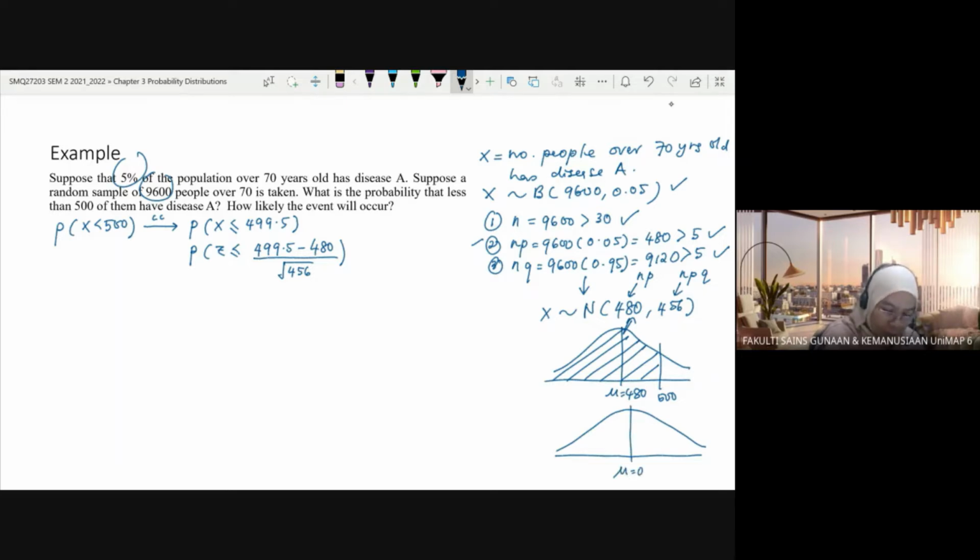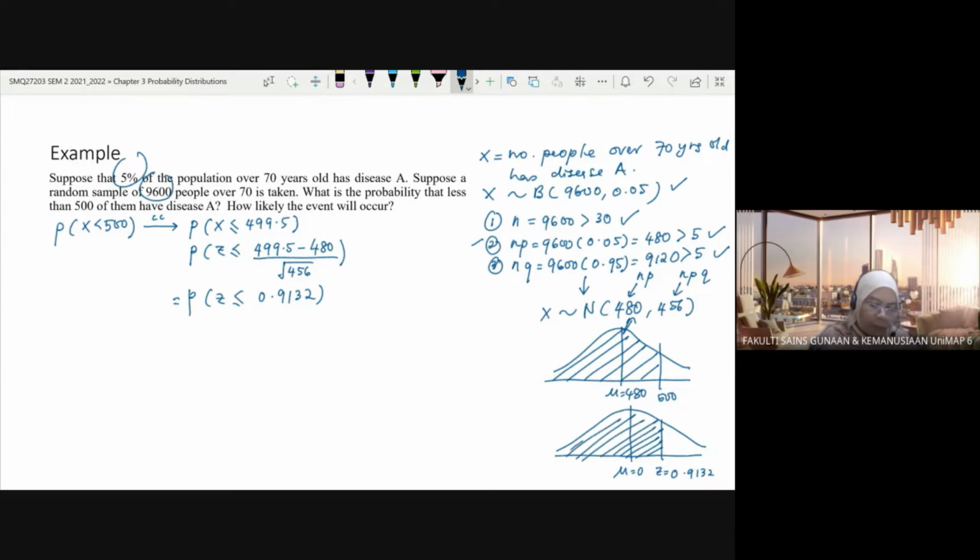So what is the z value here? Continue from this part. P(Z ≤ ...), if you calculate the right hand side here, you will get 0.9132. So the z that we are looking for here is 0.9132, and the area is covering this particular shaded area.